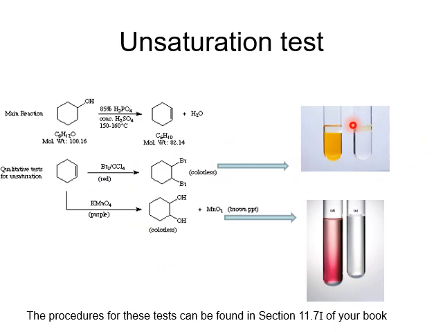Here we have some images: for the bromine test, the brown color will become colorless, and for potassium permanganate, the purple color will become colorless. In this way, if you see this conversion of the color brown or purple to colorless, it means you have an unsaturated compound in your mixture, and here the unsaturated compound is cyclohexene. In this way you can prove that you synthesized cyclohexene from cyclohexanol.